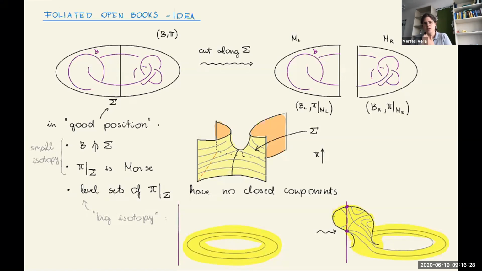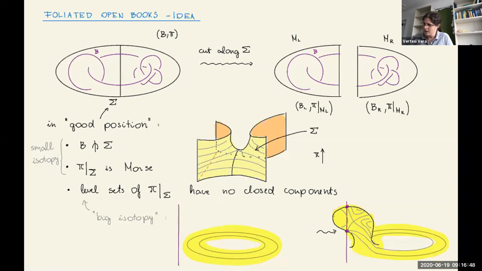And once you have this surface, you can cut your 3 manifold and the open book along this surface to get an open book for just one of the pieces, or both pieces in this case.